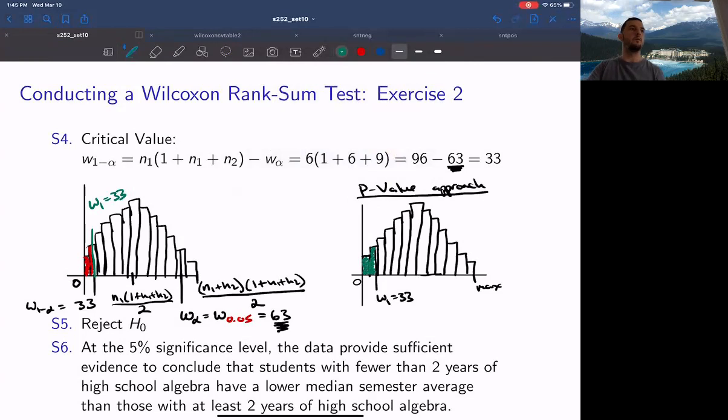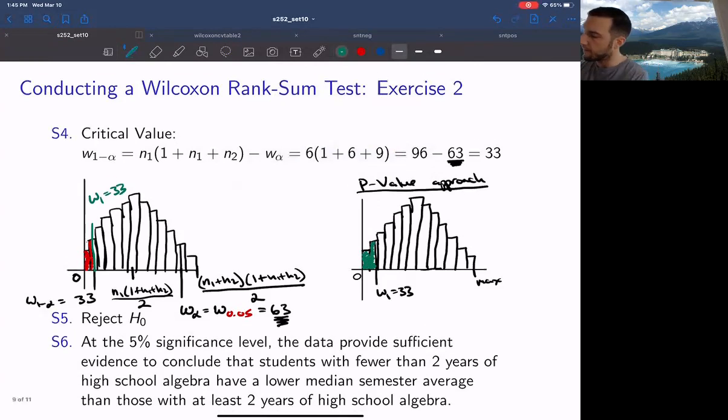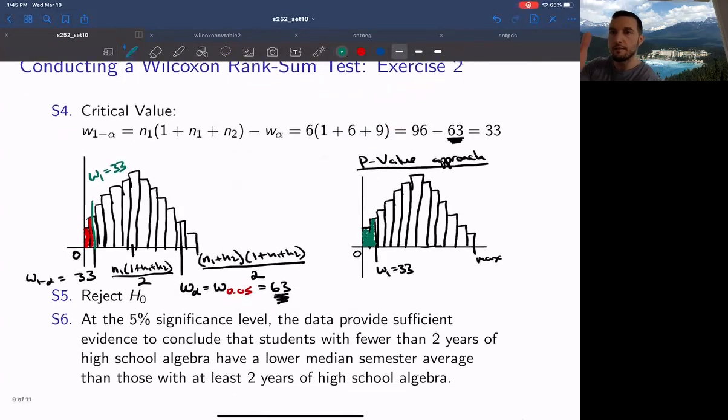All right, now what we'd have to do is take the lower tail test statistic value and move it into the upper tail. We can do that in the same way that we did in the previous illustration.